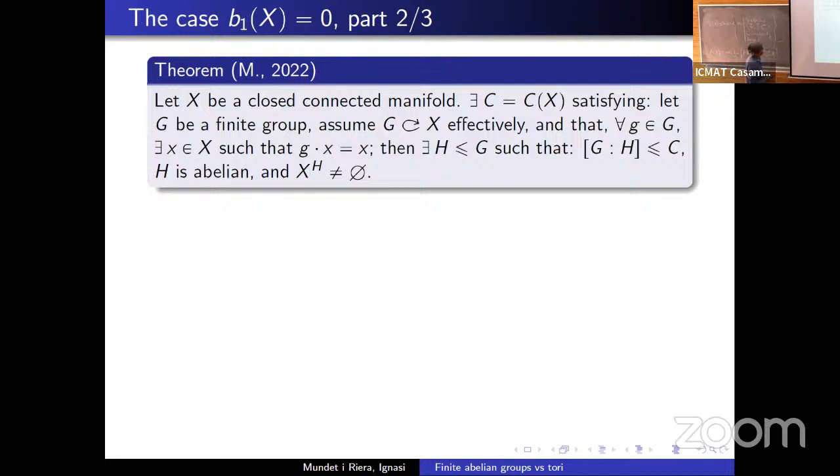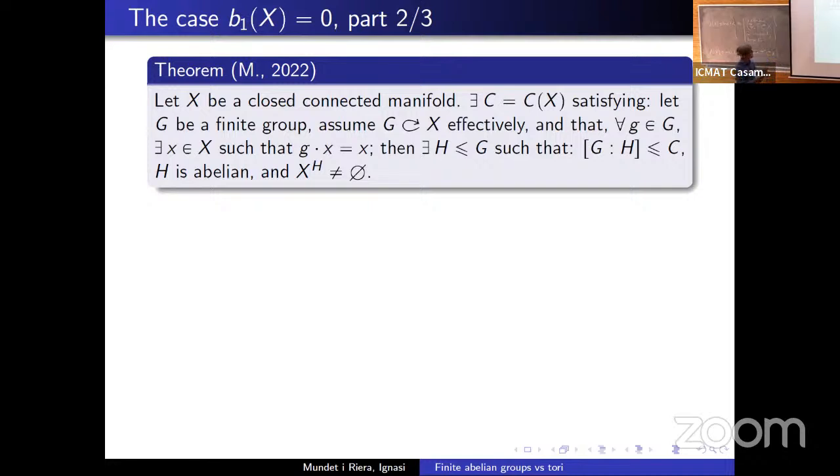But it turns out that there is a very general fact when you consider finite group actions, which is this statement here. If you have any closed connected manifold X, and you consider finite group actions with the property that any of the elements of the group has some fixed point, then you can't necessarily affirm that there is a point fixed by all the elements.